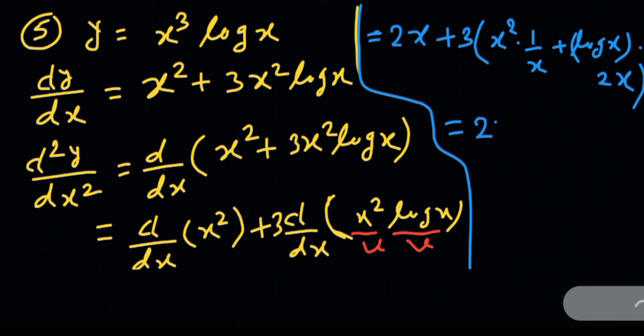First is 2x plus 3 into x square divided by x will be x, and plus log x into 2x will be 2x log x.